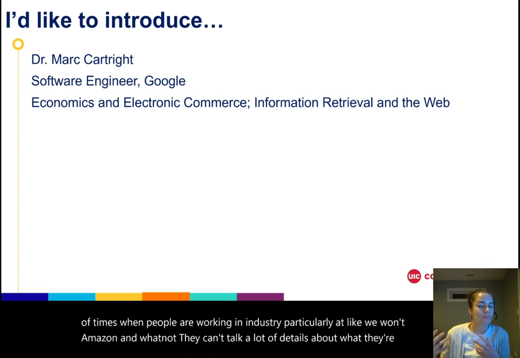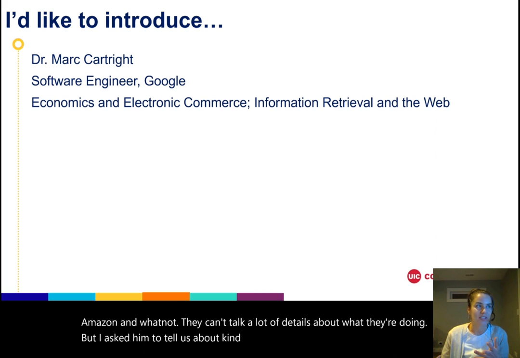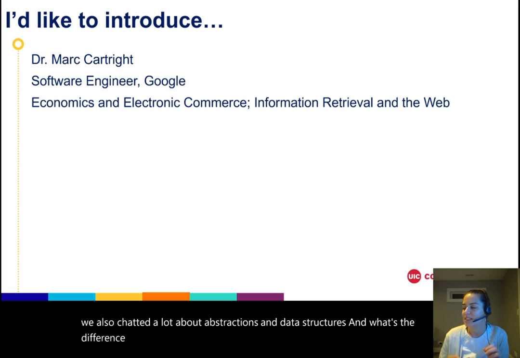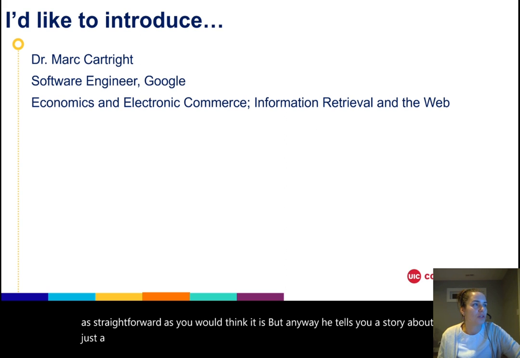But I asked him to tell us about one of his favorite data structures. And we also chatted a lot about abstractions and data structures and what's the difference and how to place different things in those categories, which is not as straightforward as you would think it is. But anyway, he tells you a story about just a really unique one that I think you'll really enjoy.